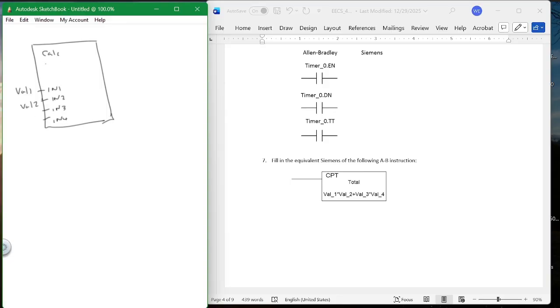And your equation up here, instead of val 1 times val 2, is N1 times N2 plus blah, blah, blah. And the output is the same. It comes out and it's called total. It's the same thing, except it's different. But that's how you do a calculation in a Siemens.